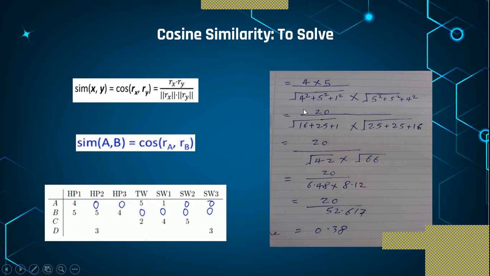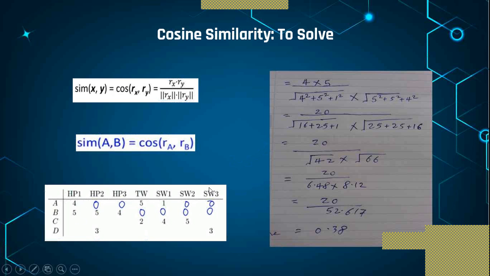So what are 4 and 5? They come from the common movie of A and B, HP 1, that is Harry Potter 1. User A has given the rating 4 and user B has given the rating 5 for the Harry Potter 1 movie. So that's why we are taking 4 into 5.